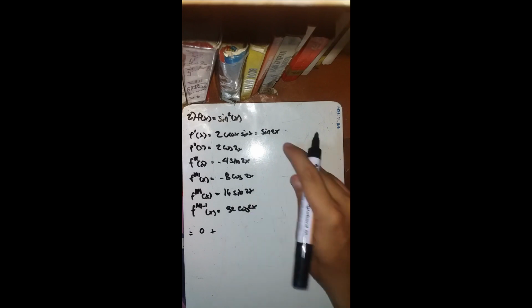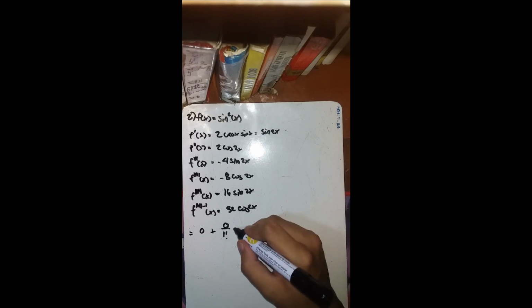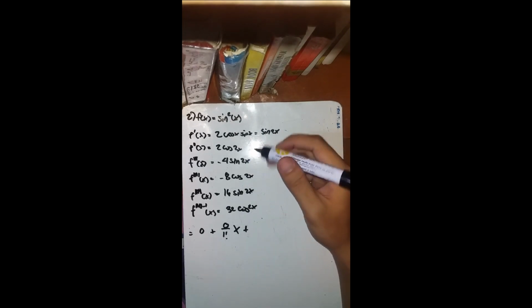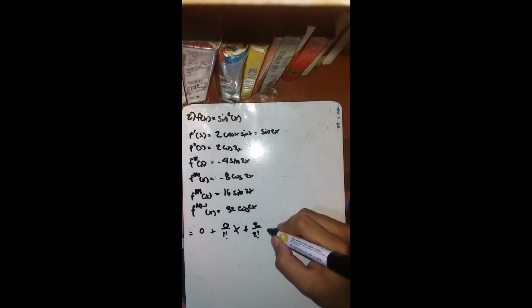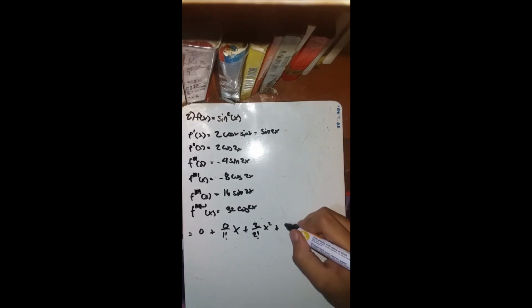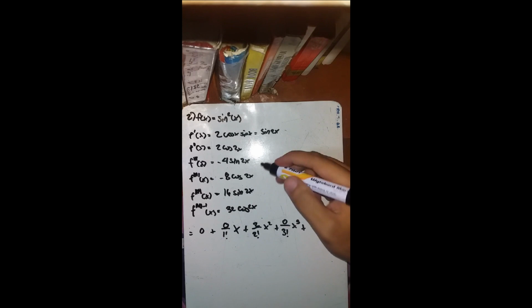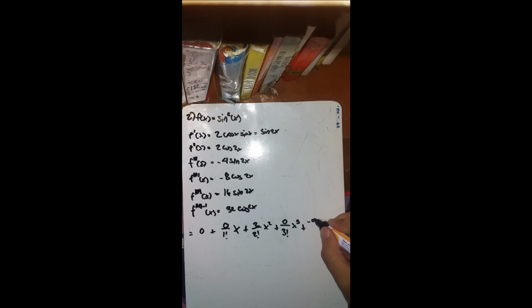the whole thing, sine of 2 times 0, is just 0 over 1 factorial times x, plus cos 2 times 0, that will be 1 times 2, so it's 2 over 2 factorial times x squared, plus sine 0 is 0, so 0 over 3 factorial x cubed, plus cos is a big one, so it becomes negative 8 over 4 factorial x to the 4.